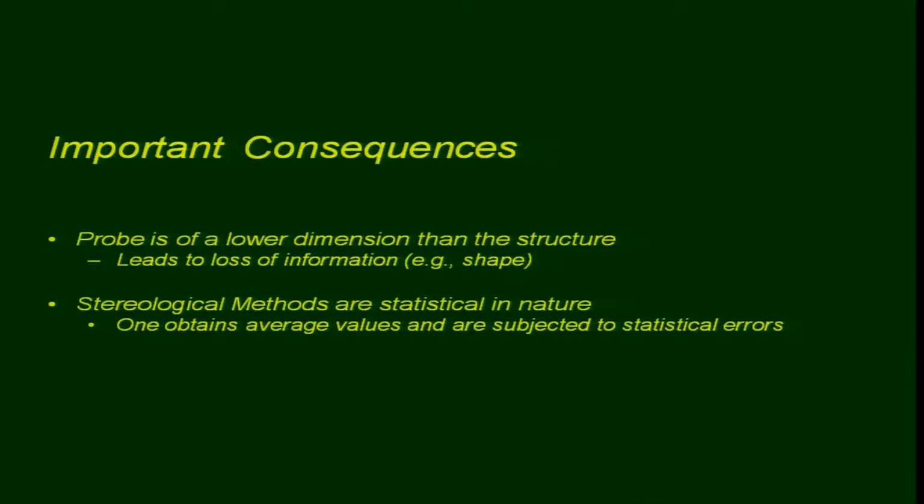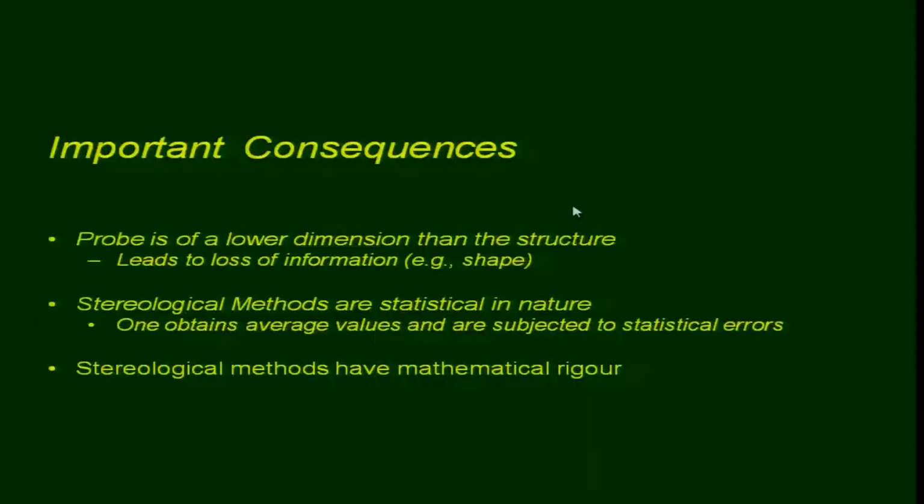That means we have to cover a large enough area in the sample to get a good average estimate of the 3-dimensional parameter. And most importantly, stereological methods have mathematical rigor, and that we will see soon. Some of the classical relationships of stereology appear very simple, but they have been rigorously derived.